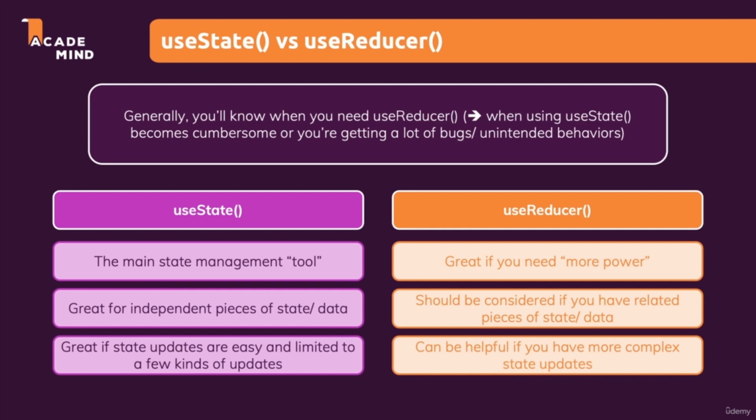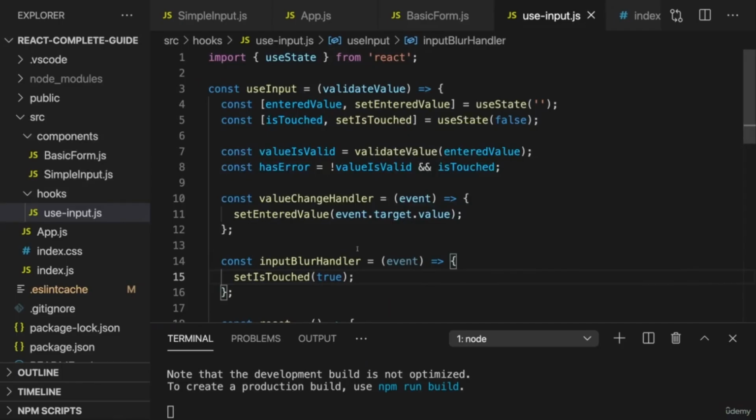So if we have a lot of different possible state values and a lot of complex state updating logic, but also if we have related pieces of state which are managed in individual states, especially if those states depend on each other. Now, arguably, that's not really the case here.